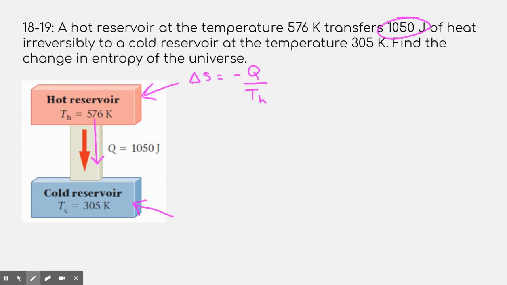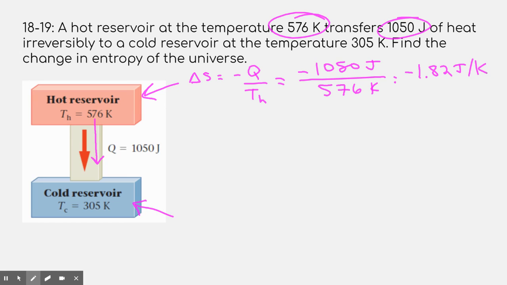So here's our heat, and here is the temperature of the hot reservoir. So that's negative 1050 joules divided by 576 Kelvin. And the delta S here equals negative 1.82 joules per Kelvin. So that negative is very important, and you'll see why at the end. And this was the delta S for the hot reservoir.